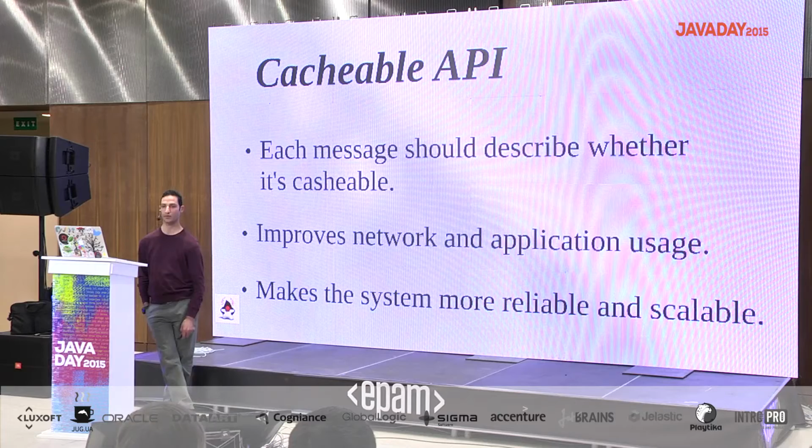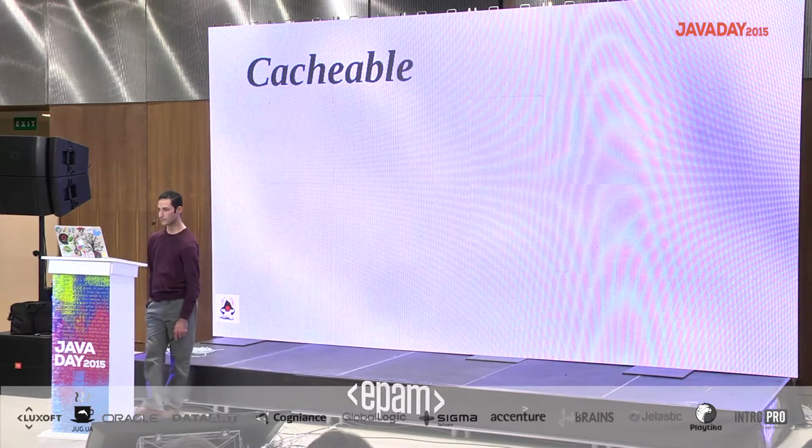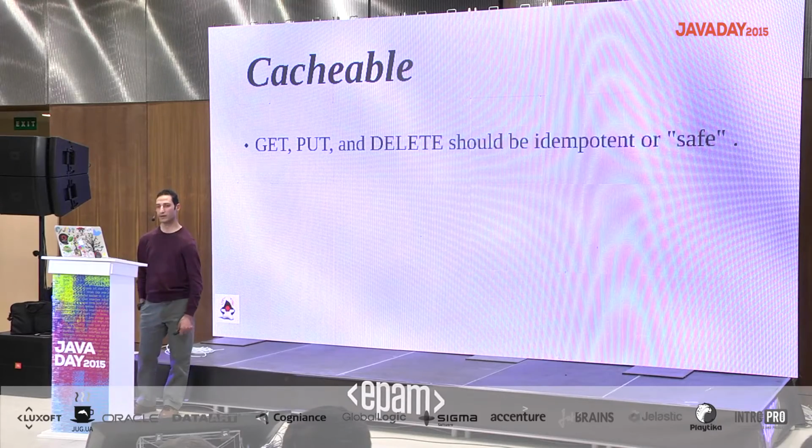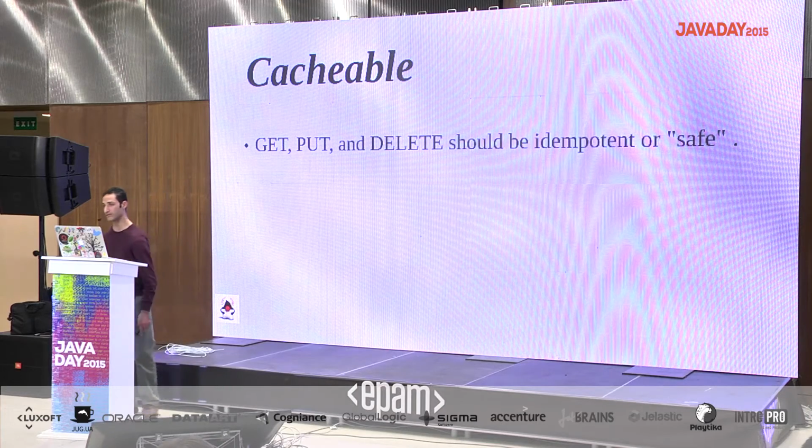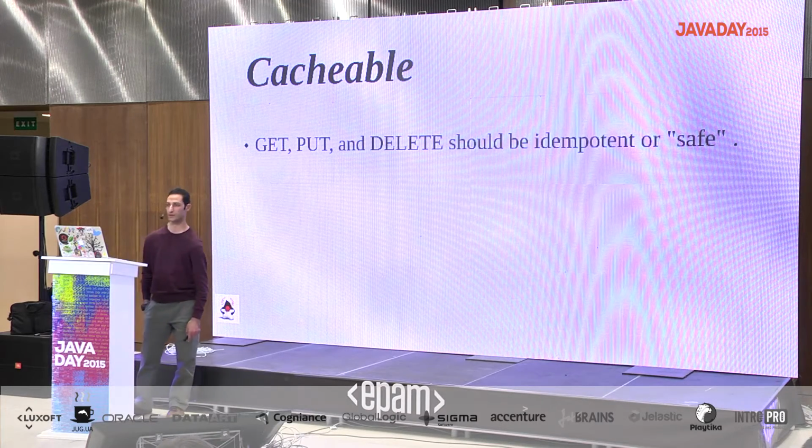If you're caching most of the data that doesn't change on your system. The most cacheable verbs are GET, PUT, and DELETE. They should be important or safe, safe in terms of cache. You can cache them because when you GET any data, you're just getting data from the database or from your account.